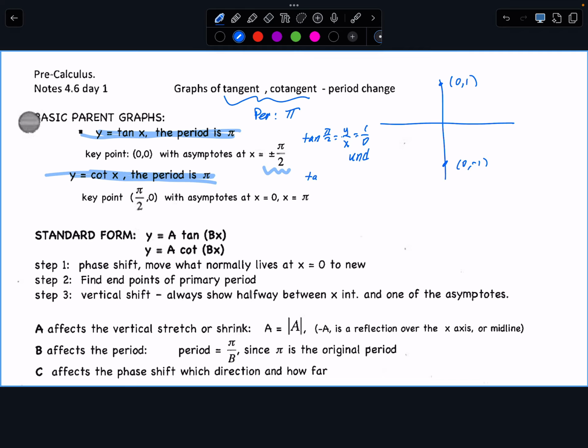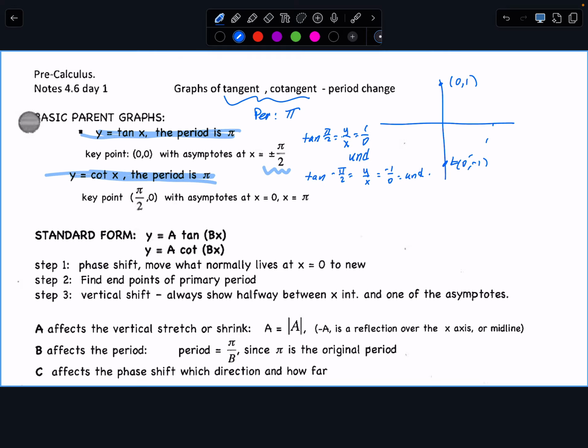Same thing at tangent if you rotate to negative pi halves. Your y over x is negative 1 over 0, and that is undefined. And so when it's undefined, you actually get a vertical asymptote because there is no x value. Those x values, there is no output. So that's where you get a vertical asymptote.